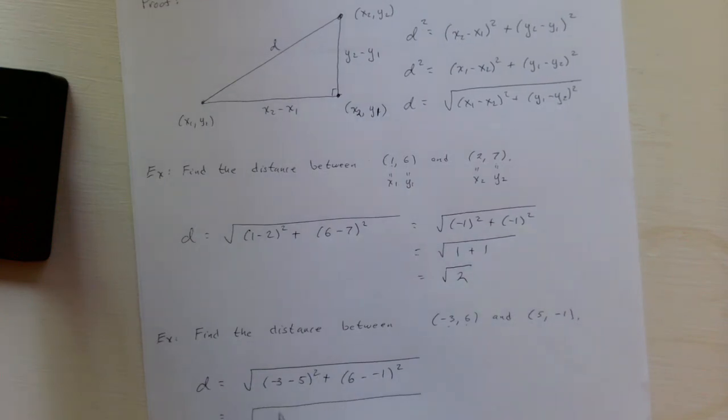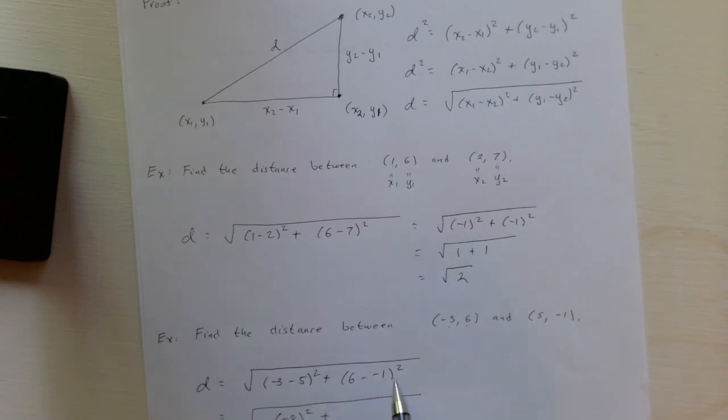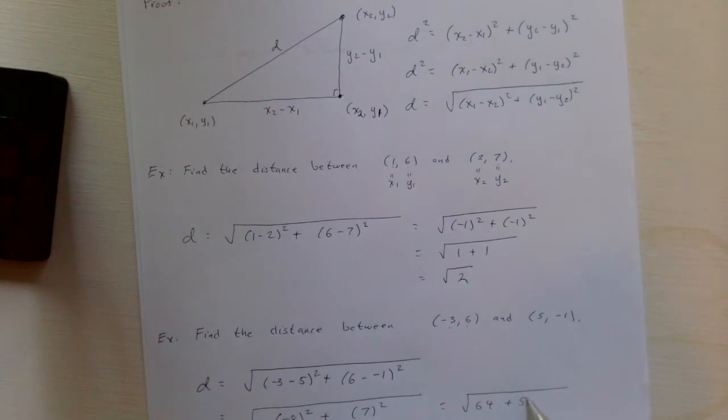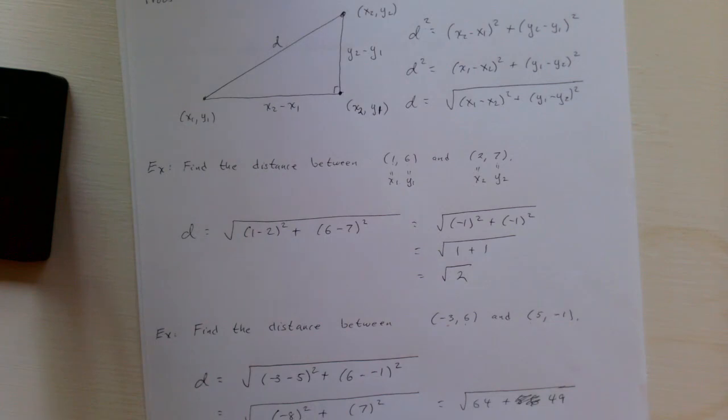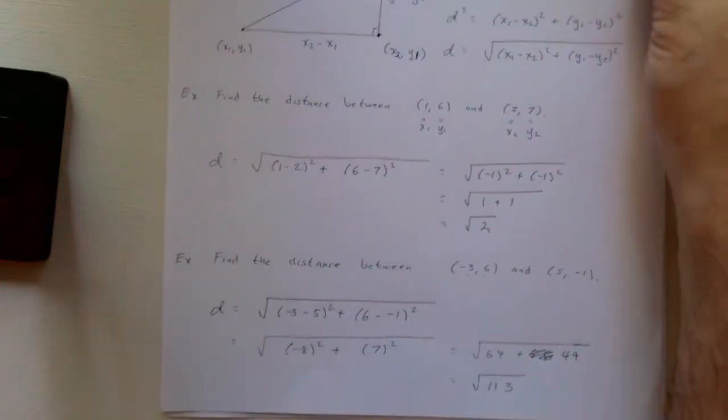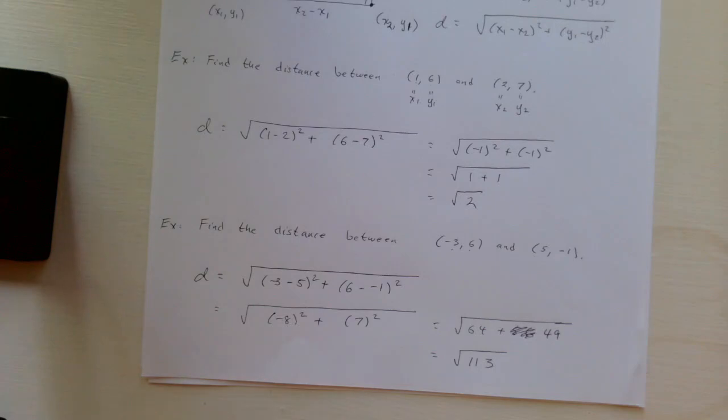And so this is going to be negative 8 squared, and this is going to be 7 squared. So this will be the square root of 64 plus 49, oops, my bad. And I believe it's the square root of 113. All right, so that's how the distance formula works.